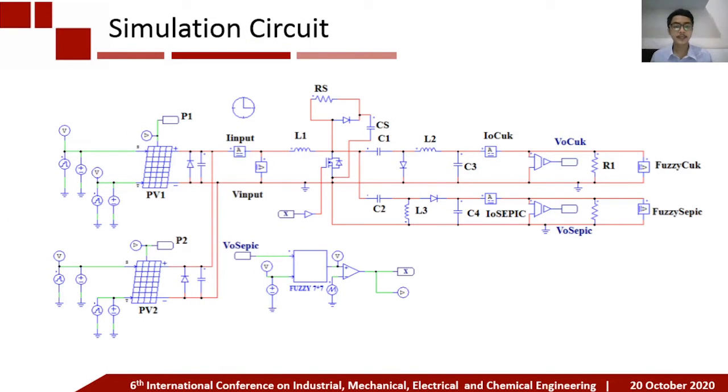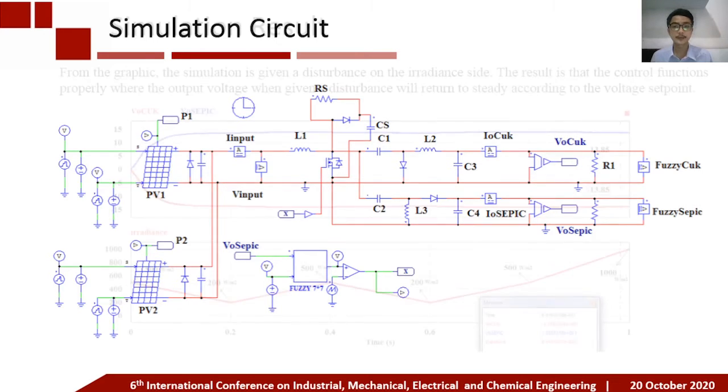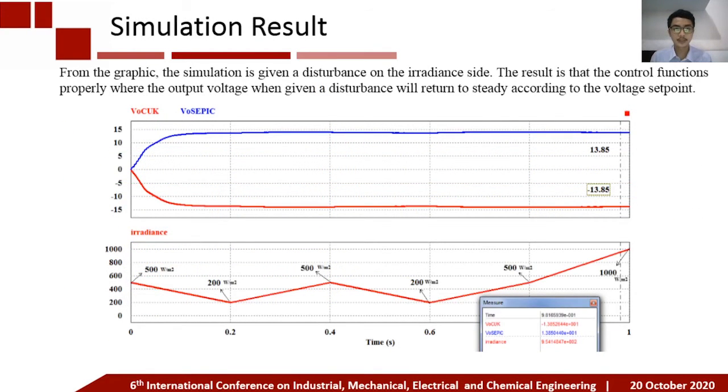Simulation circuit. In this simulation, we use fuzzy control that are by design, using two parallel solar cell and bipolar converter, Sepic converter and CUK converter. Simulation result. From the graphic, the simulation is given a disturbance on the irradiance side. The result is that the control function properly where the output voltage when given a disturbance will return to steady according to the voltage set point.